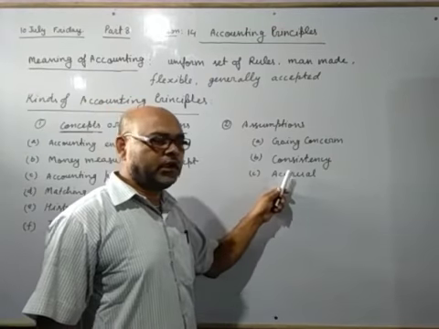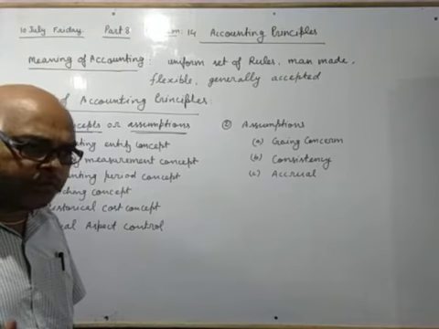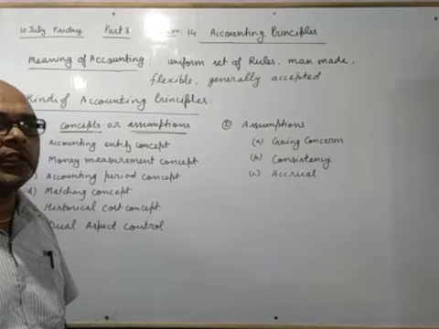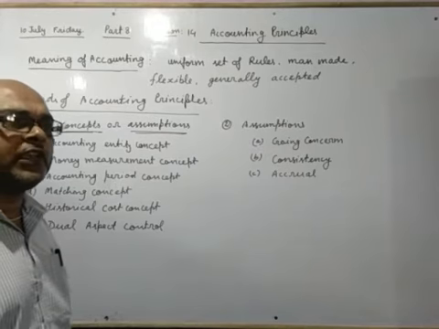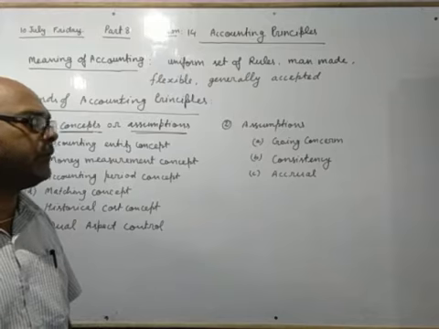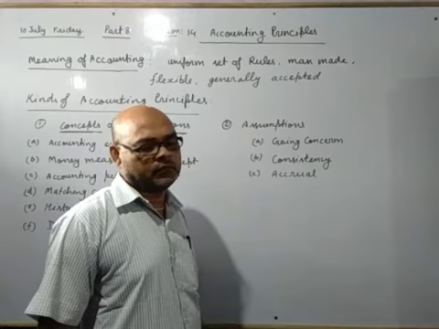Consistency. It is assumed that the policy adopted this year, that same policy will be adopted in the next year. So the same policy will continue in the future. This is called consistency.